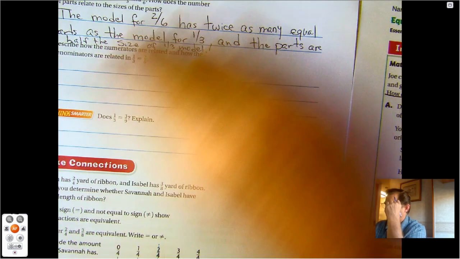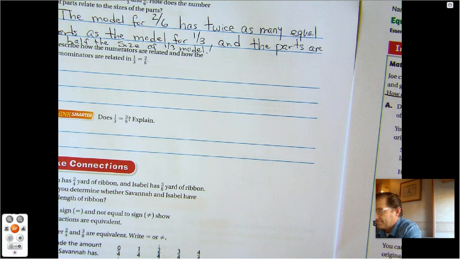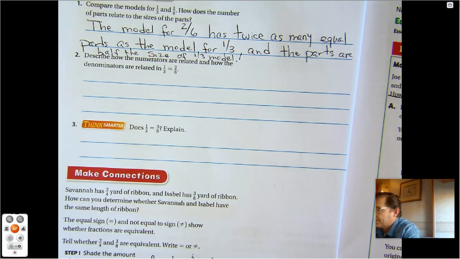Okay. So, describe how the numerators are related and how the denominators are related in 1/3 equals 2/6.